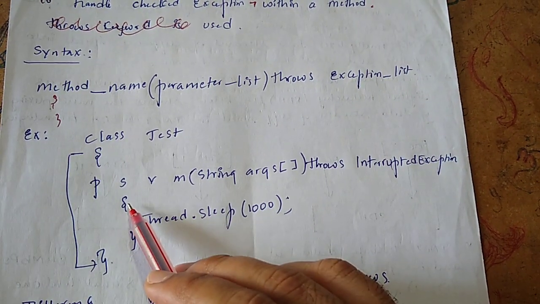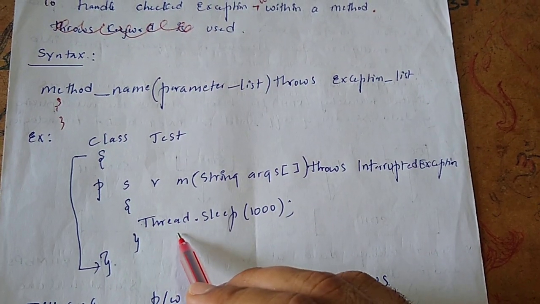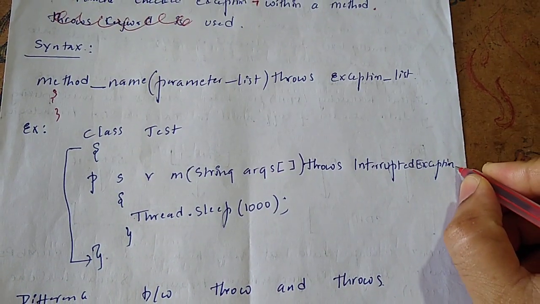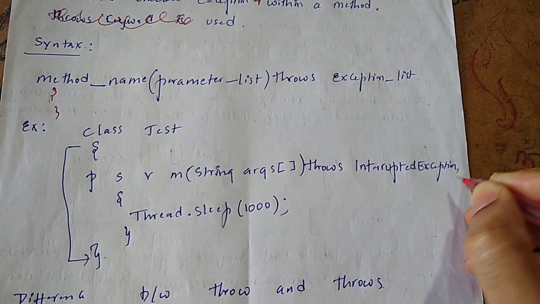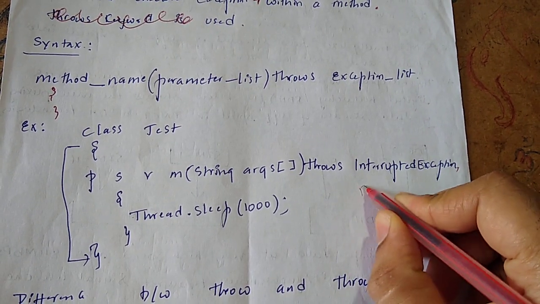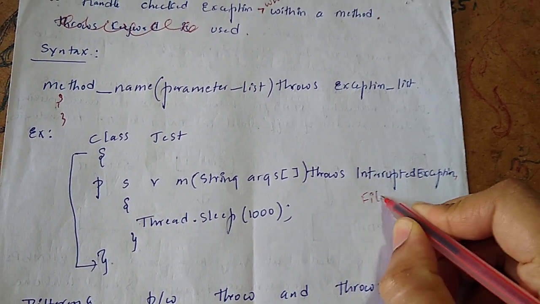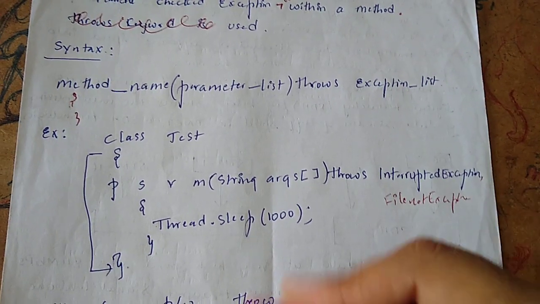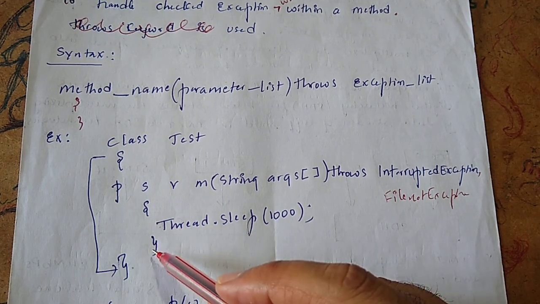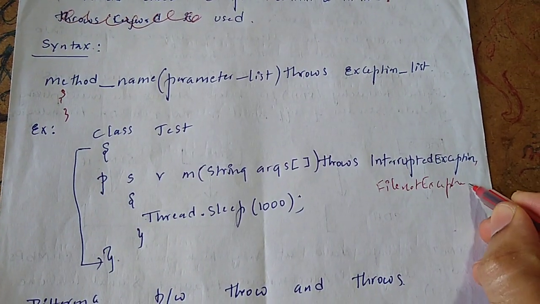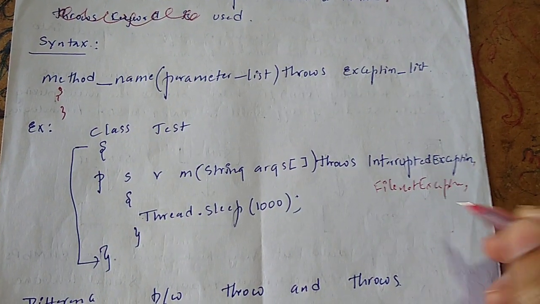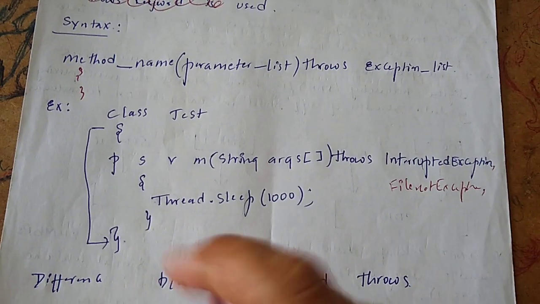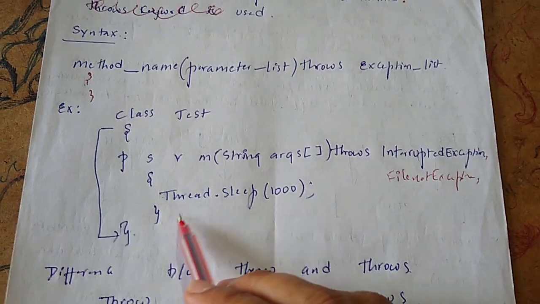Assume within main there is one more checked exception, FileNotFoundException. In that case, we can list it by separating it from the previous one with a comma. If there is one more checked exception, we can write it the same way, separated with a comma. We can list n number of checked exceptions. So this is an example.